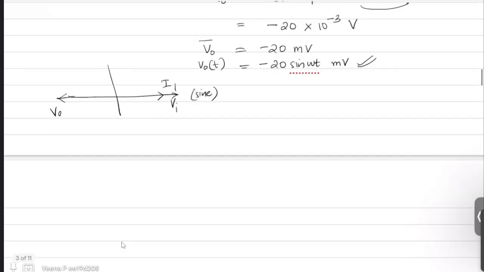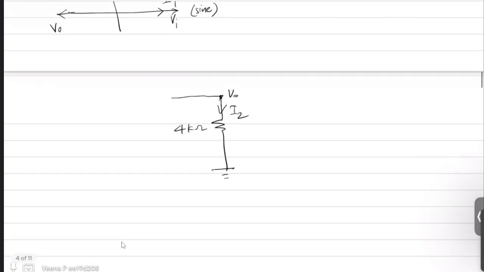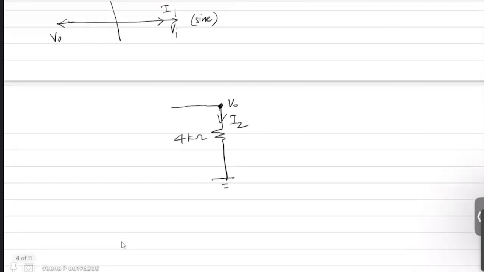Now coming back to our question, you obtained V0. So let us go back to where I2 is. I2 is the current flowing through the 4 kilo ohm resistor. One end of it is at a potential V0 and the other end is grounded. Since I2 flows from V0 to 0 volts, you can represent I2 as V0 minus 0 by 4 kilo ohm, because it is flowing from the higher potential to 0 volts.